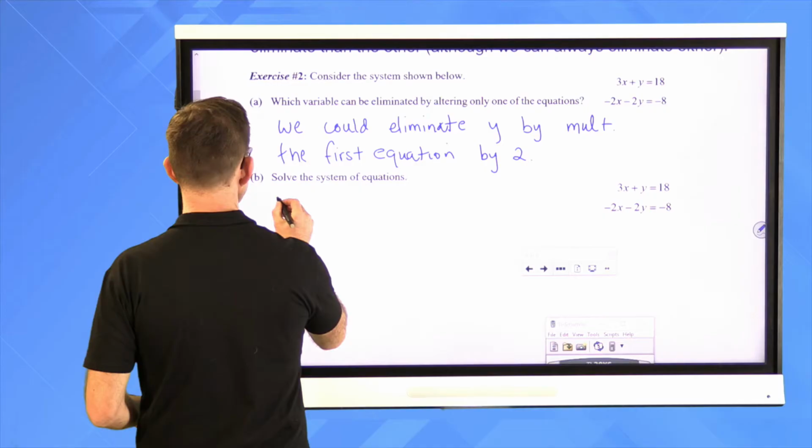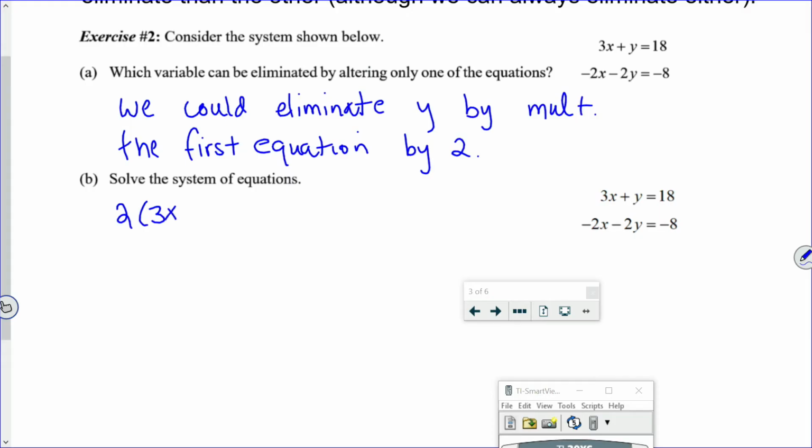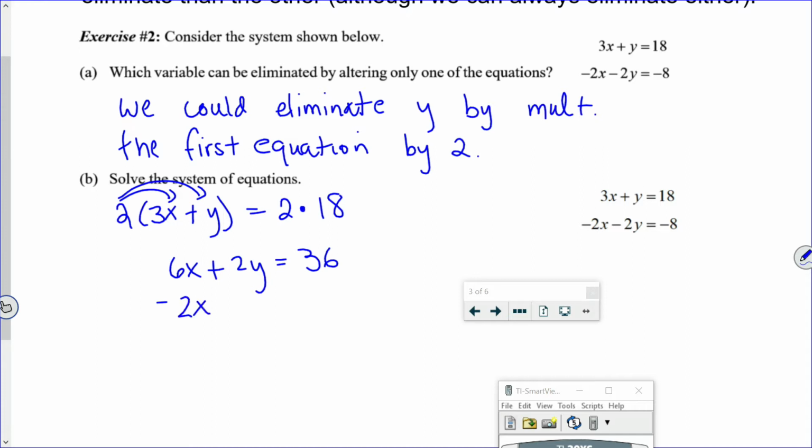So I'm going to take that first equation, and I'm going to multiply both sides by 2. Again, be very careful to distribute the 2, so I get 6x plus 2y is equal to 36. And now I'm going to take that second equation, not alter it at all. Negative 2x minus 2y is equal to negative 8.